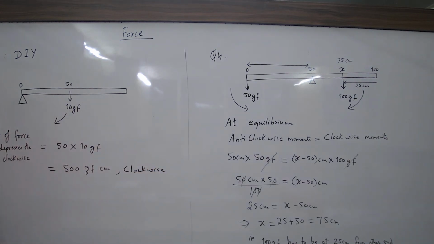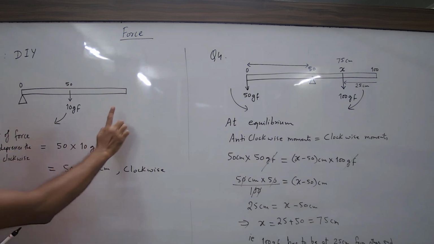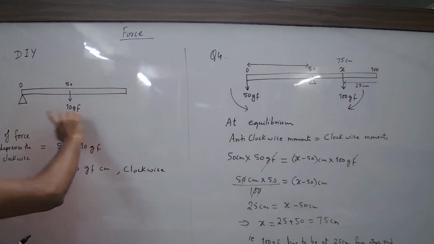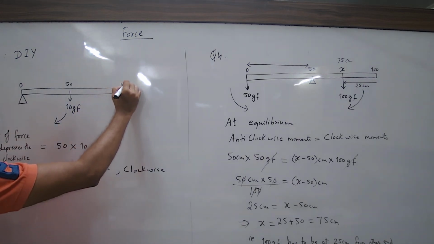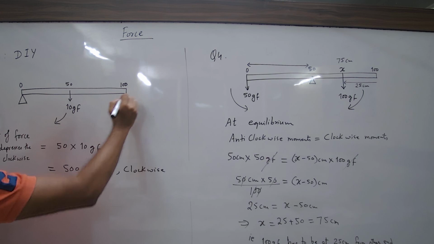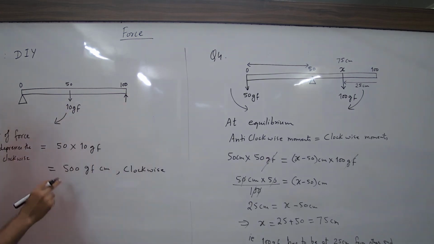So what is the second part of the question? How can it be made horizontal by applying the least force? It is going down, so I have to make it horizontal, so I have to apply a force. The least force will be at the maximum distance away. So I have to apply the least force at the 100 centimeter mark in this direction. So how much was clockwise? 500.